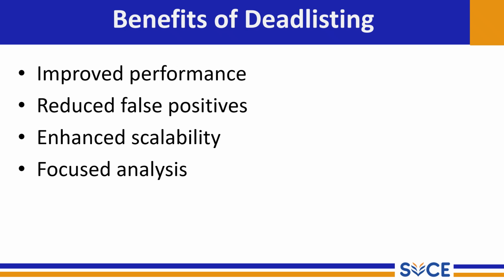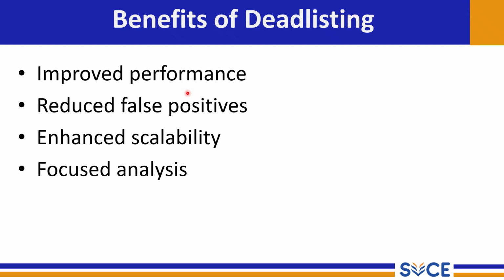Here they have mentioned nearly four important points: improved performance, reduced false positives, enhanced scalability, and focused analysis. And apart from that, we have speed, accuracy, resource efficiency, and proven threats.